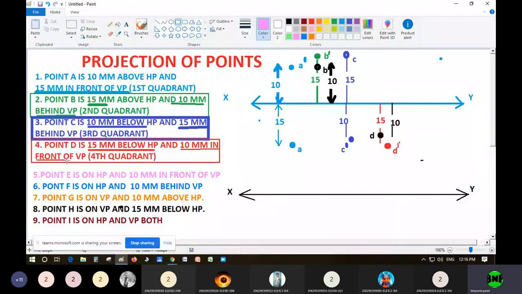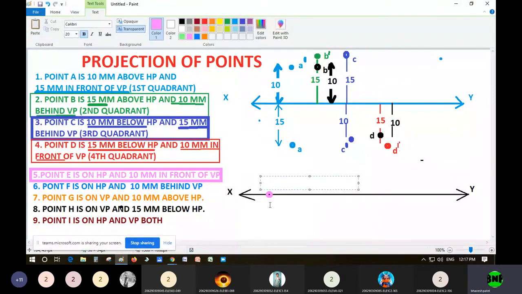So this sum number 5 is point E is on HP. So on HP, my dear students, please remember, if the point is on HP, then from the front view, you will exactly see the point on the XY line. Please remember, you will be able to see the point on the XY line. So here, in the front view, I have to see like this, right? So this will be E dash. This point will be E dash. Remember, E dash.